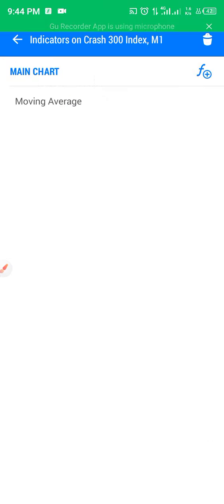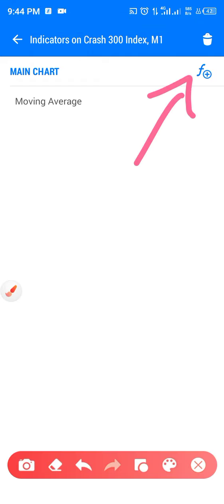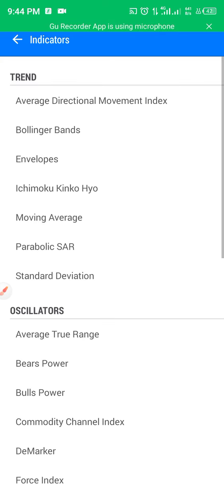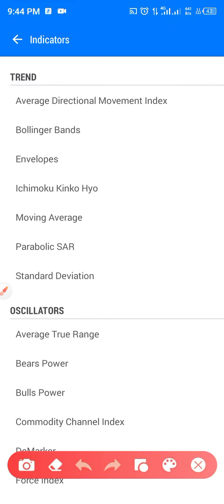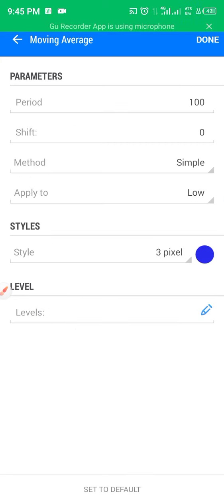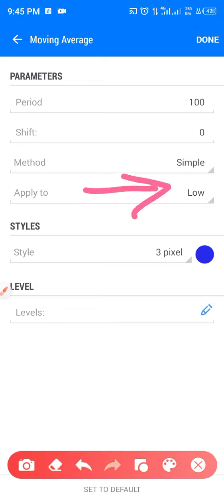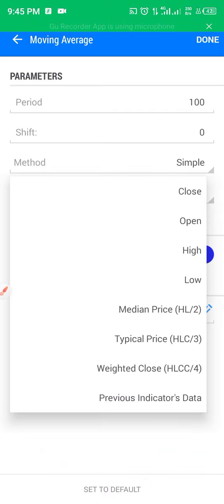Okay, we are going to add another. Click on the function again, then click on moving average again. This time around we are going to use the period of 10, and the same data, but this time the apply to is not going to be low, it is going to be high.